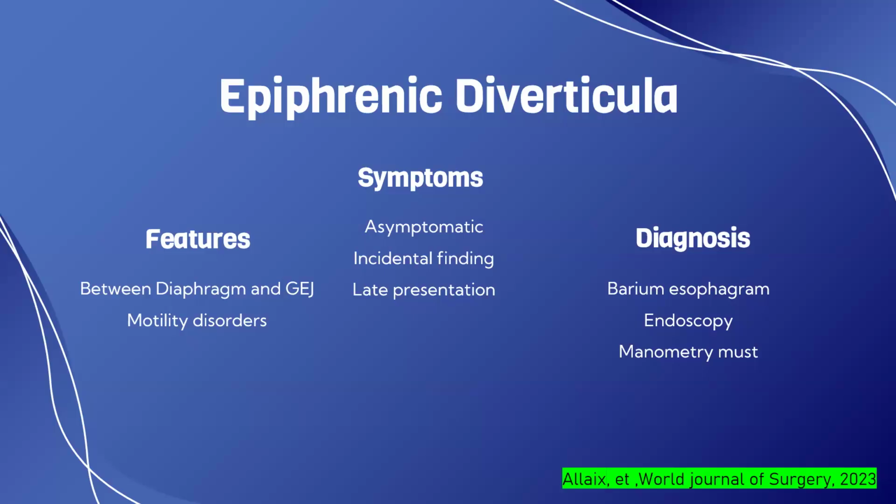Symptoms include regurgitation, epigastric pain, anorexia, chronic weight loss, and halitosis. Treatment: we have to diagnose, go for manometry, and treat the underlying cause. This is a picture of an epiphrenic diverticulum.